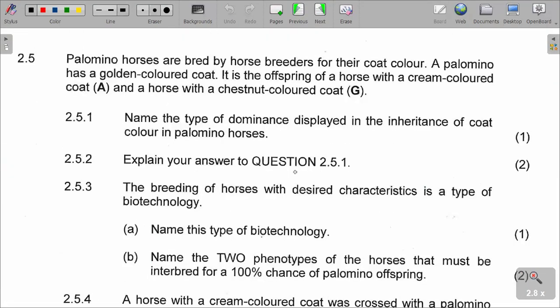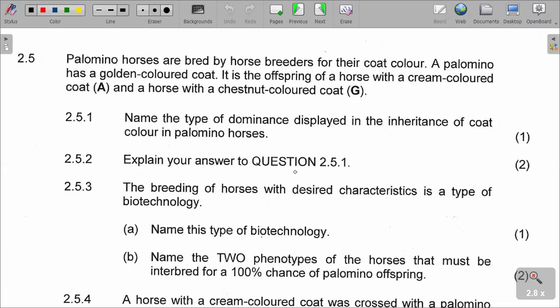2.5, it is palominos. Palominos are bred by horse breeders for their coat color. A palomino has a golden colored coat.